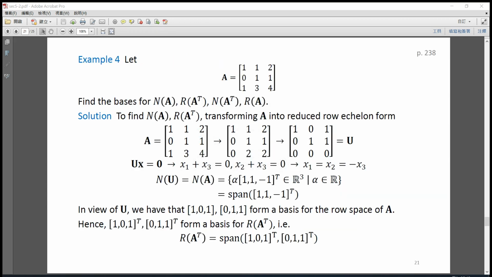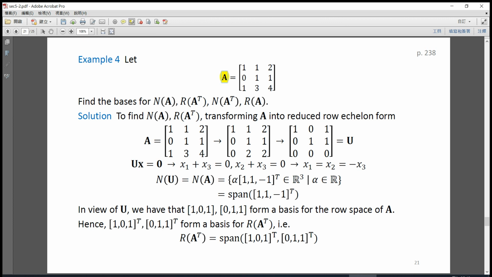Next, we discuss example 4. Given a matrix A, our goal is to compute the 4 fundamental subspaces of matrix A. In section 3.6, we already learned how to compute the 4 fundamental subspaces.